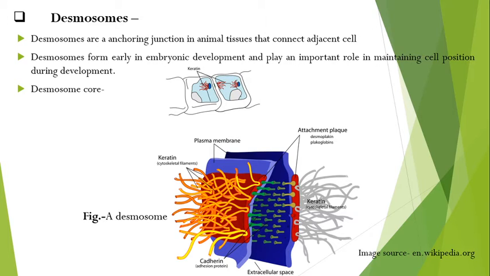In the desmosome core, the plasma membranes of the two adjacent cells are aligned in parallel, separated by a space of about 25 to 35 nanometers.